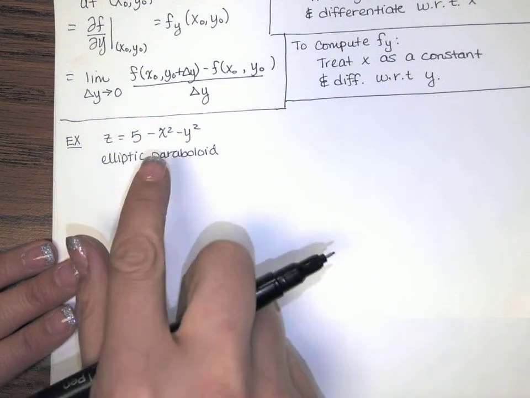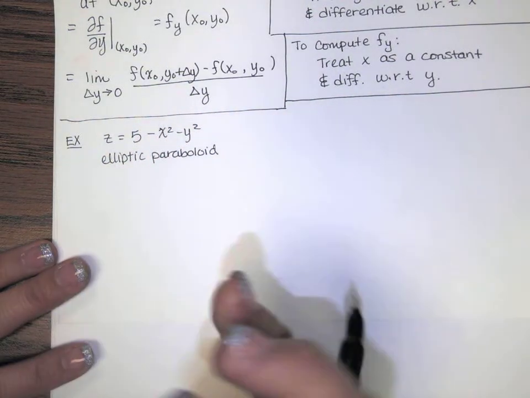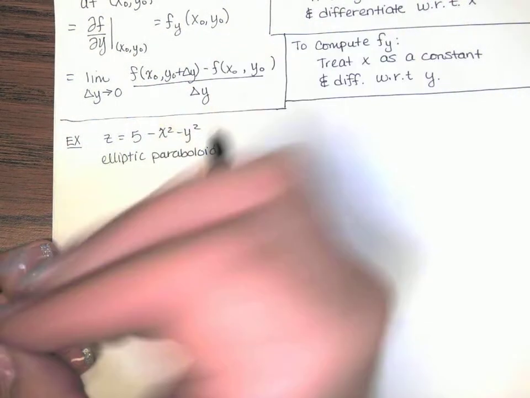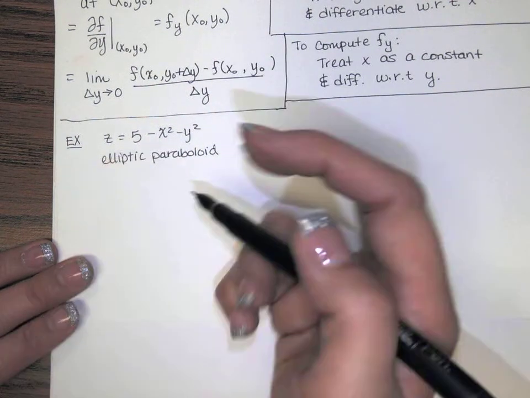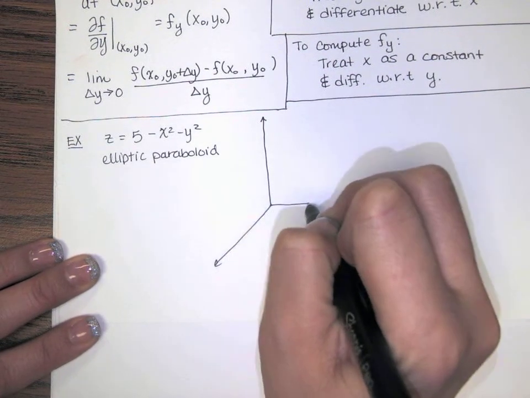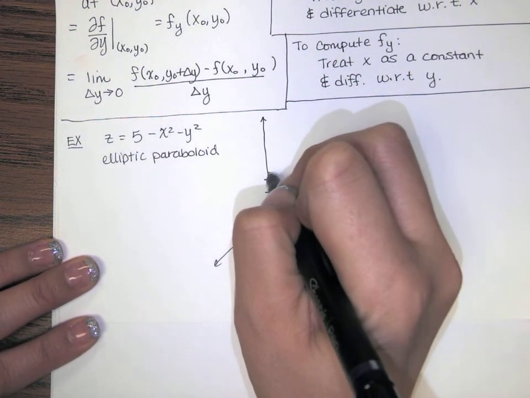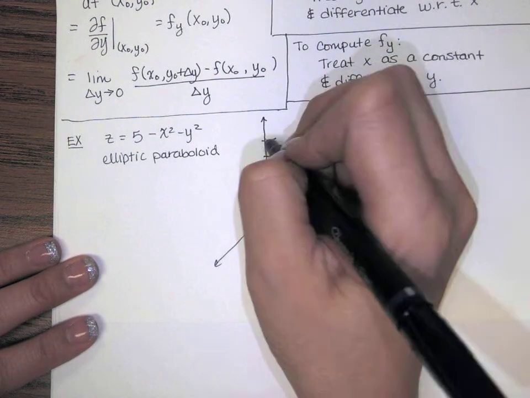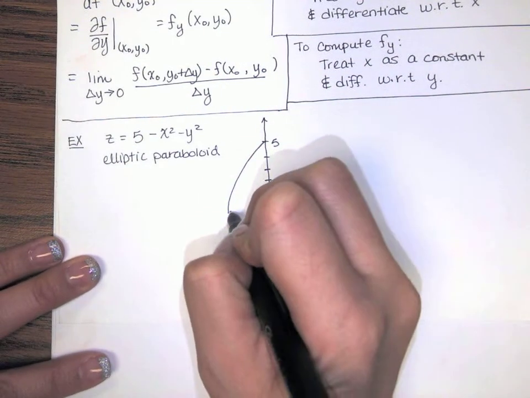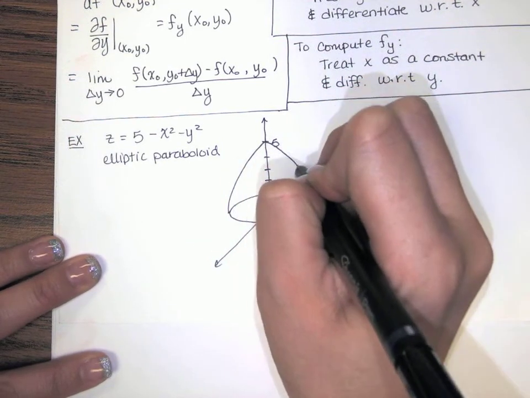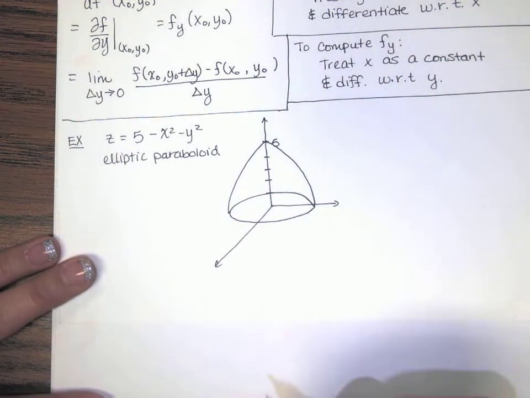Now if it was z equals positive x squared plus y squared, it would be an elliptic paraboloid facing up. But I took that and multiplied by negative 1, so that flipped it upside down, and then I raised it up 5 units. So this looks like this, roughly. When x and y are both 0, z equals 5. And this continues on.